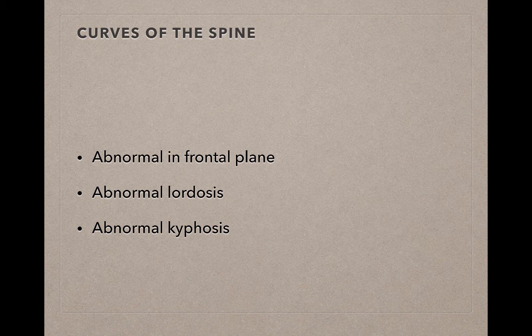This occurs with rotation of the vertebral bodies, where the spinous processes end up pointing towards the concave side. So it's not just that there's lateral curvature, but there's also rotation of individual vertebral bodies that are part of scoliosis.